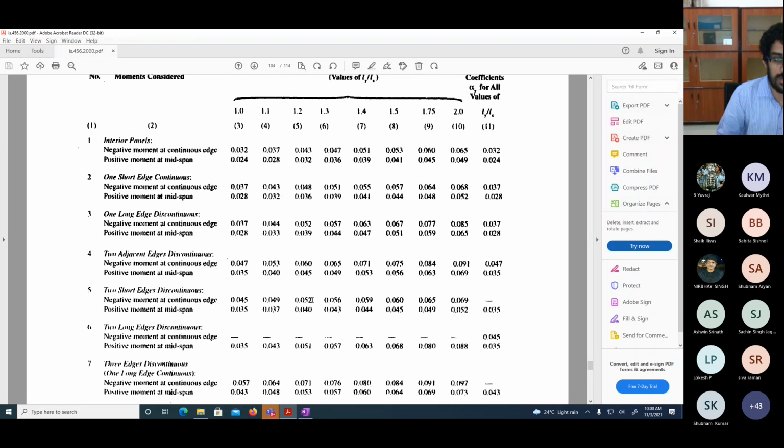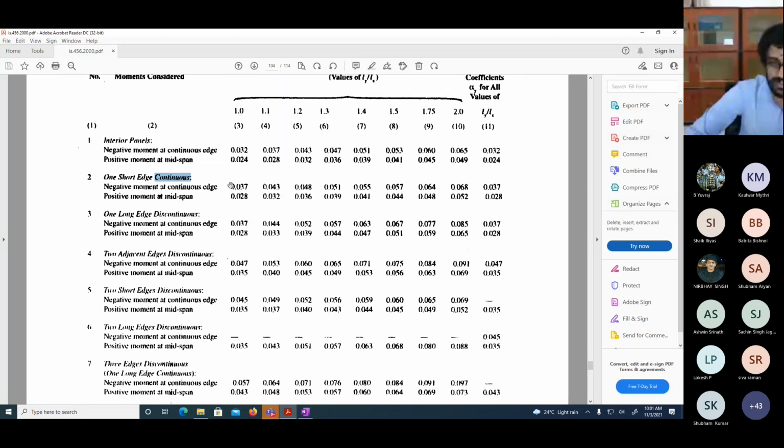One short edge discontinuous. I told you yesterday there's a mistake in this table. This is actually one short edge discontinuous. It's written continuous, which is a typing mistake. So you're going to use this second case.